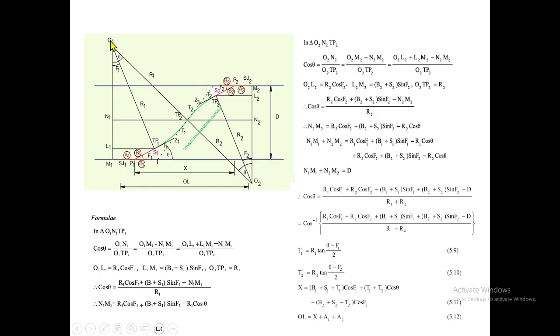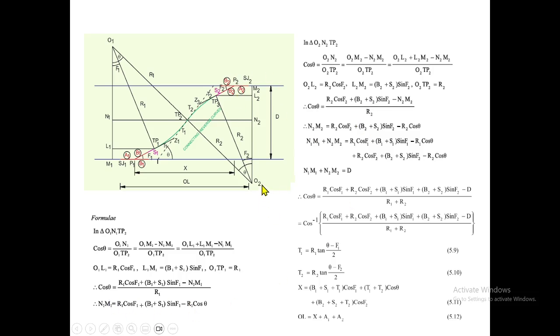O1 L1 equal to R cos F1, from this triangle, and L1 M1, from this triangle, is B1 plus S1, if we are adding S also, times sin of F1. And O1 TP1 is R1, we know, but N1 M1 we don't know, simply we are keeping it as it is. So substituting here, we rearrange the formula, and N1 M1 equals this much.